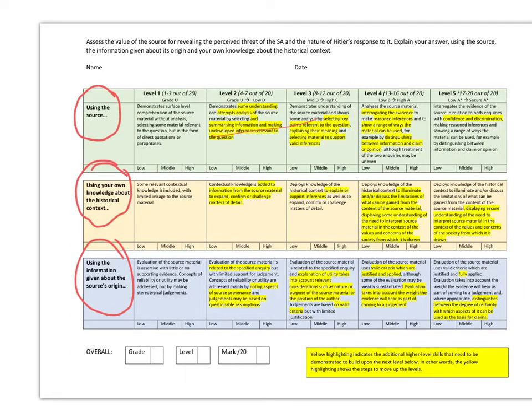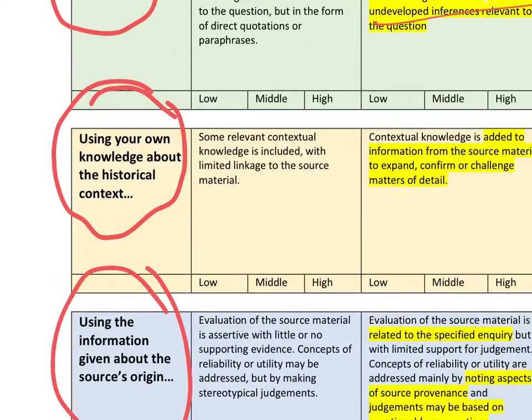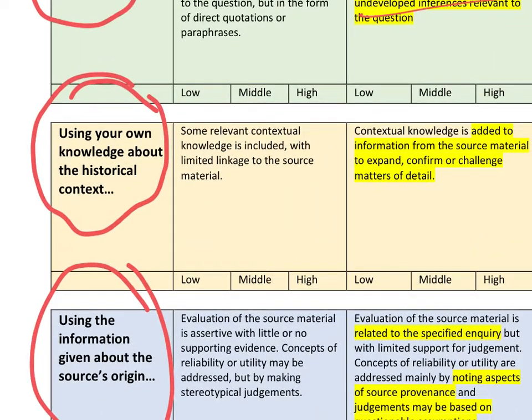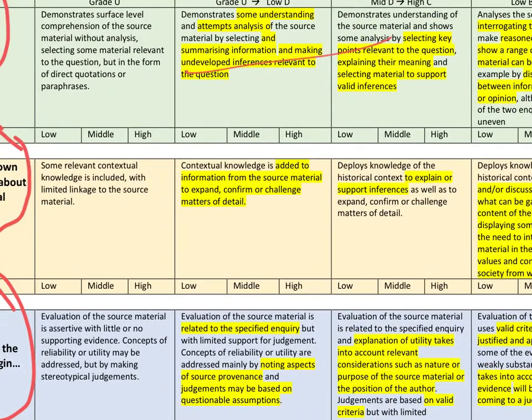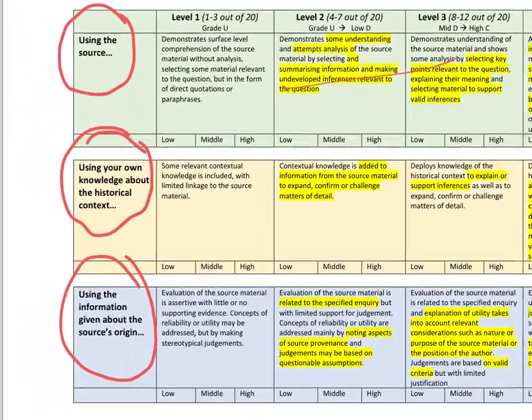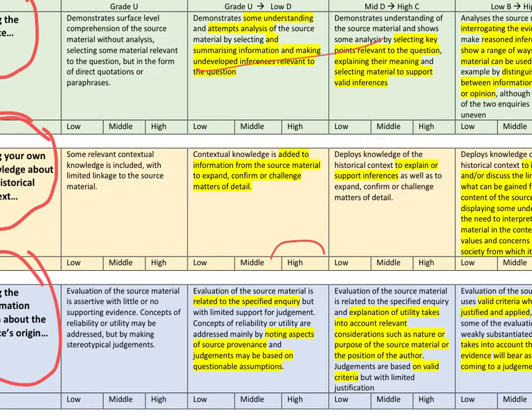So whatever you happen to achieve, let's say for example, I said for the middle strand, how well you used your precise additional knowledge, let's say I gave you a high level 2. Okay, so there.